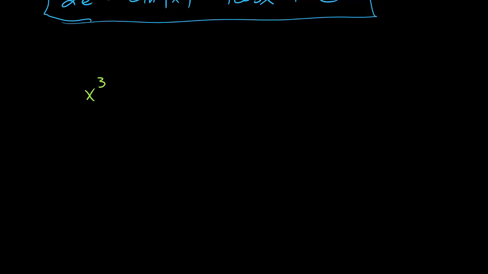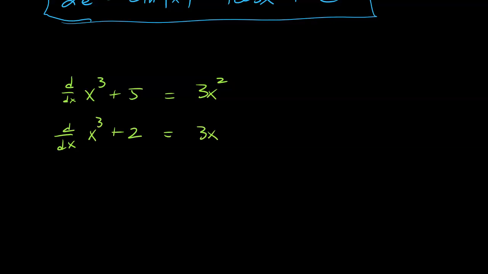If I take the derivative of x cubed plus 5, I get 3x squared. Derivative of 5 is nothing. If I take the derivative of x cubed plus 2, I get 3x squared plus 0. So when you're integrating, we're kind of going backwards to try to find out what it came from.